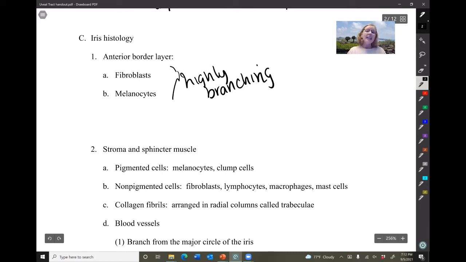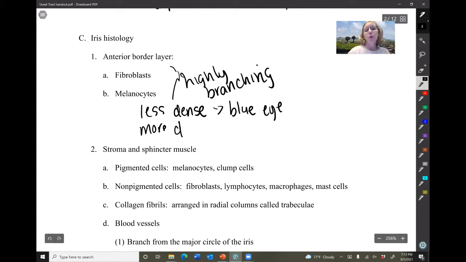And the density or arrangement of fibroblasts and melanocytes in the anterior border layer contribute to the color of the iris. So a less dense anterior border layer is present in blue eyes, compared to brown eyes where the anterior border layer is more dense.